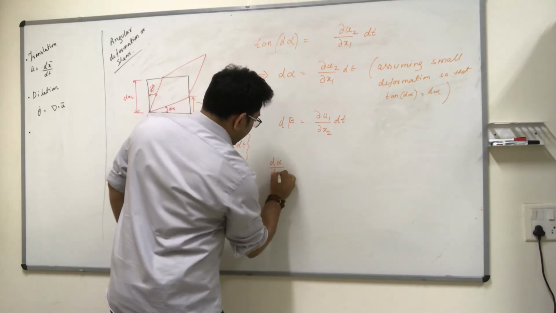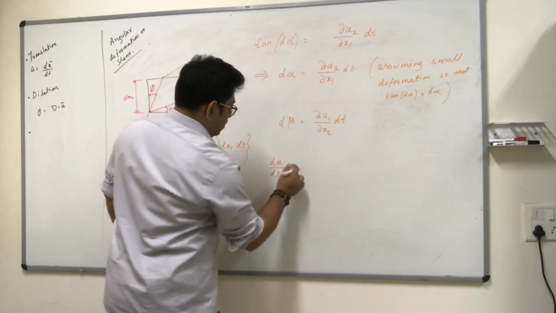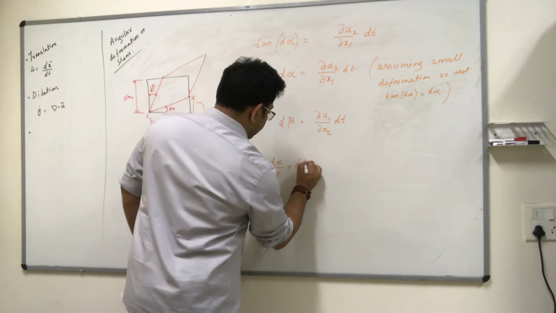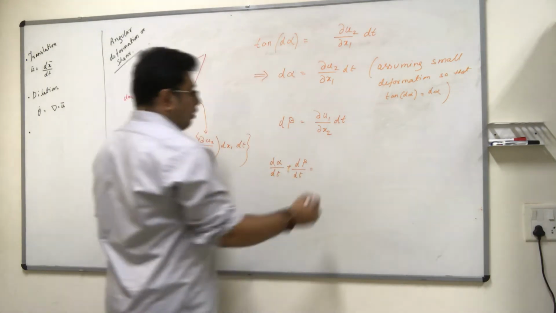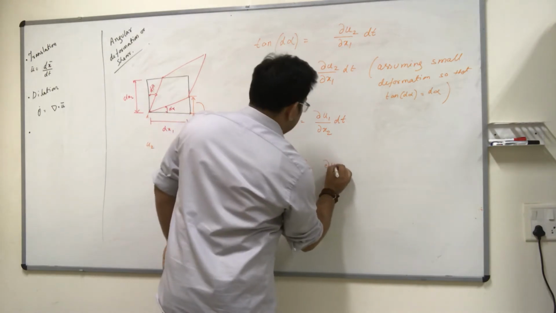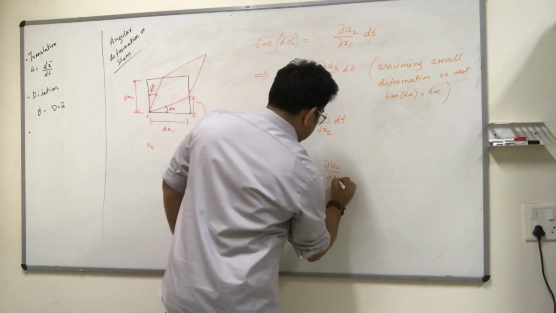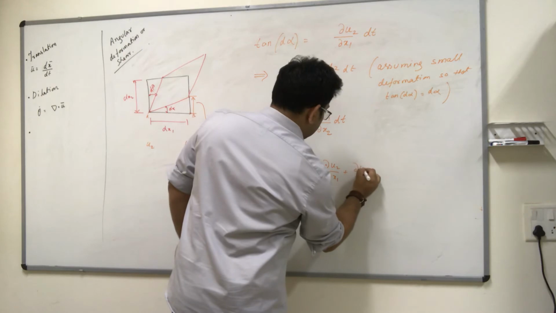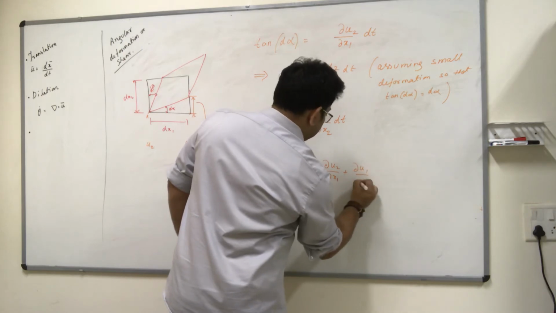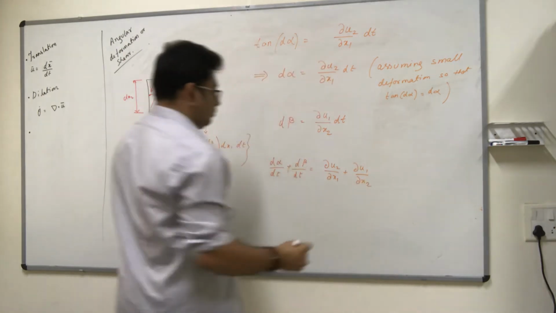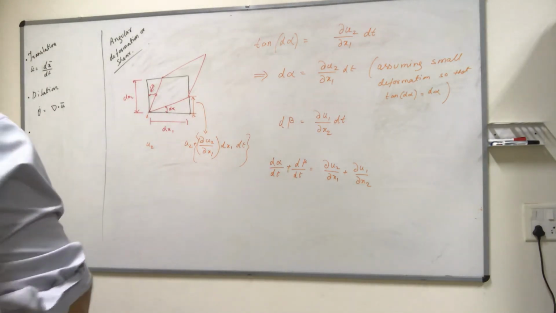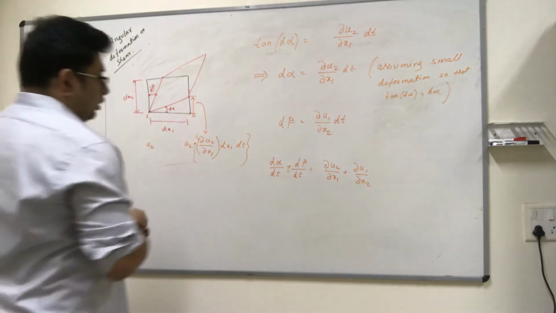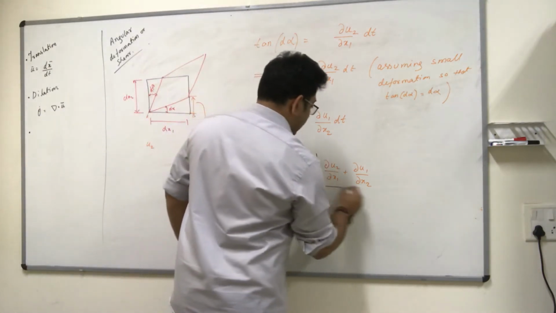So this d alpha by dt plus d beta by dt is now equal to del u2 by del x1 plus del u1 by del x2. Okay, fantastic. So this is an important result.